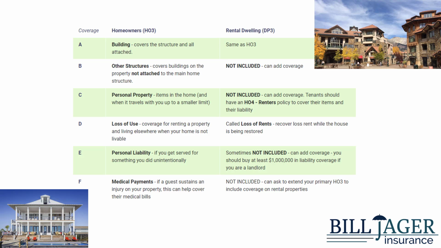If you're talking about rental properties, that's not included. And as it says here, you can ask to possibly extend your own homeowner's policy to include coverage for that on rental properties. So this is where it gets interesting, because you're talking about using your homeowner's policy to work with this rental property.